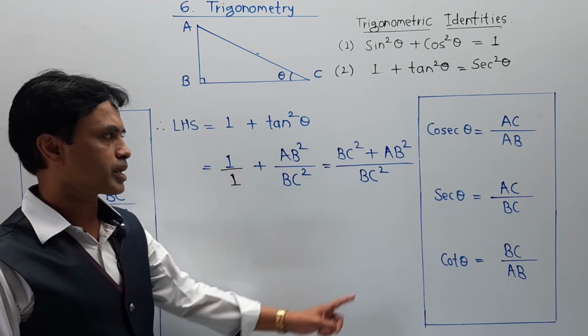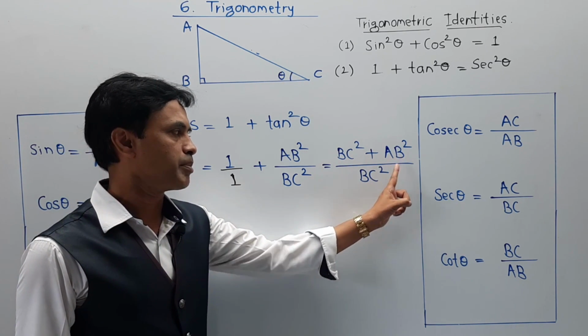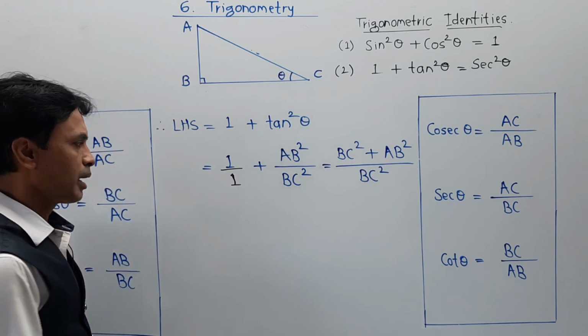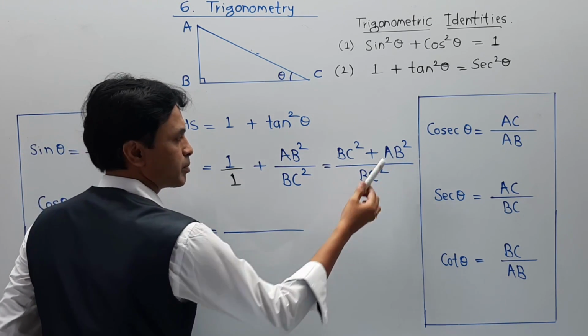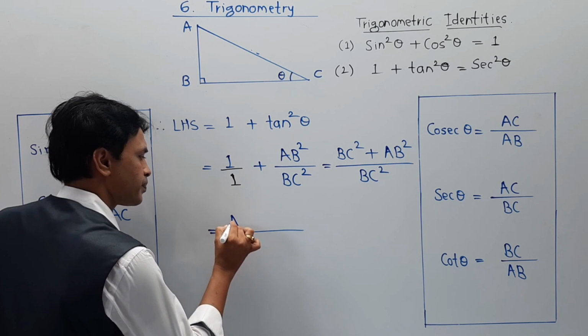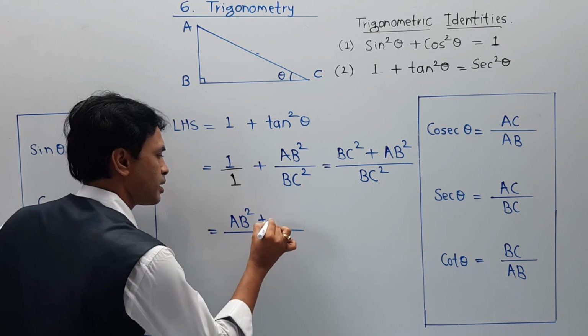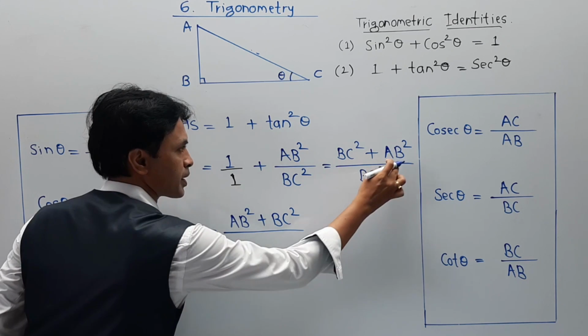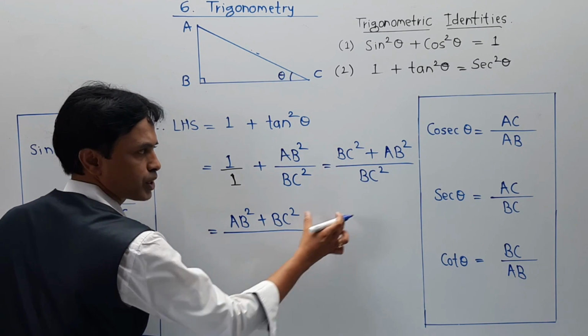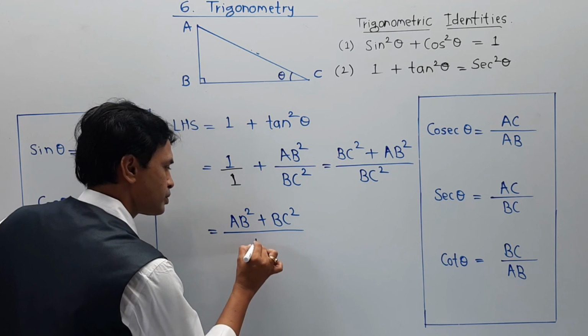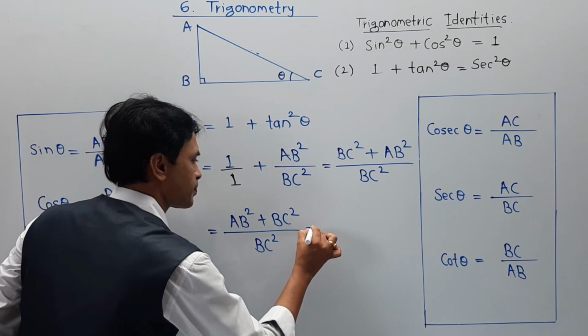Now you reach the step BC square plus AB square upon BC square. I am rearranging it, taking AB square ahead and shifting BC square to the back. So it becomes AB square plus BC square, divided by BC square.